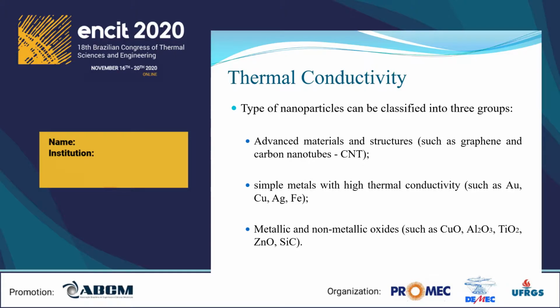The type of nanoparticles can be classified into three groups: advanced materials and structures, such as graphene and carbon nanotubes; simple metals with high thermal conductivity, such as gold, copper, silver, and iron; and metallic and non-metallic oxides, such as copper oxide, aluminum oxide, titanium oxide, zinc oxide, silicon carbide.